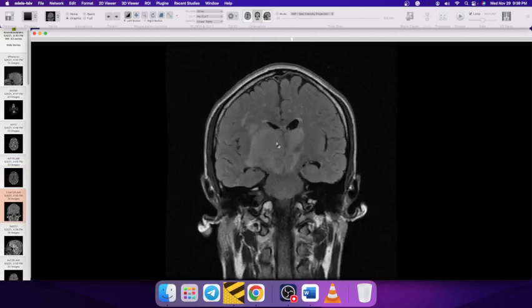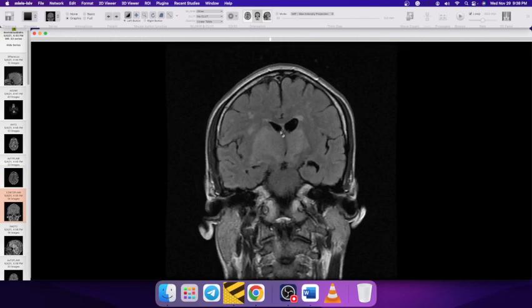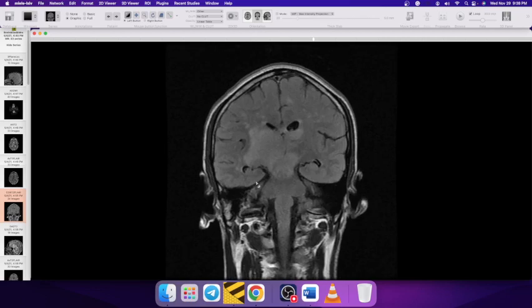We can see that there is a mass effect on the ventricles causing its effacement, and there is some sort of a midline shift in this particular region, although the entire thing is not. And we can see there is extension to the midbrain.